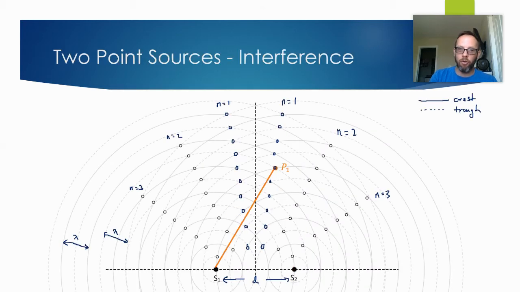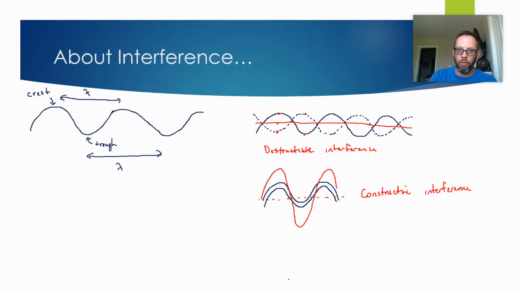So I'm going to go all the way back to this diagram here. Think about the wave I drew here with the crest and trough. If I want them to completely have destructive interference, then I need to take my crest and put it where a trough is, right?